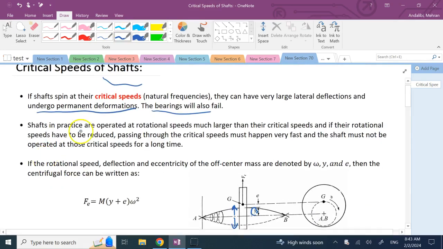And in action, you typically use nominal RPMs that are much larger than the critical speed. You run it way above the critical speeds.